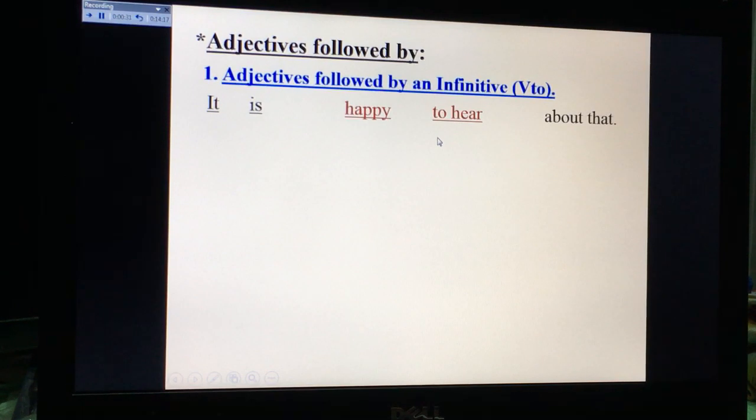Is it V0, V2, or V-ing? So we have V2. So what is the verb form after an adjective? Look at the sentence here. Happy, and after it is to here. So it means after happy we use V2. That means after an adjective we use V2.